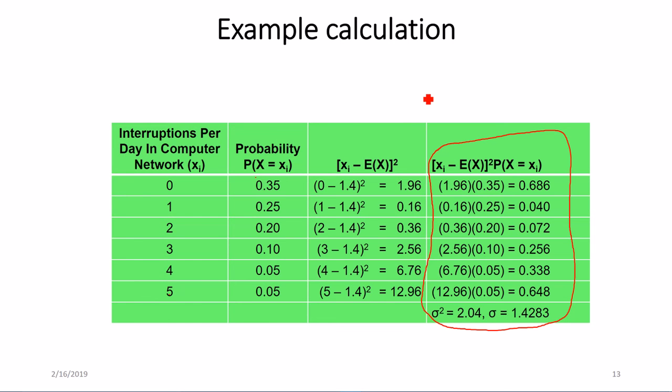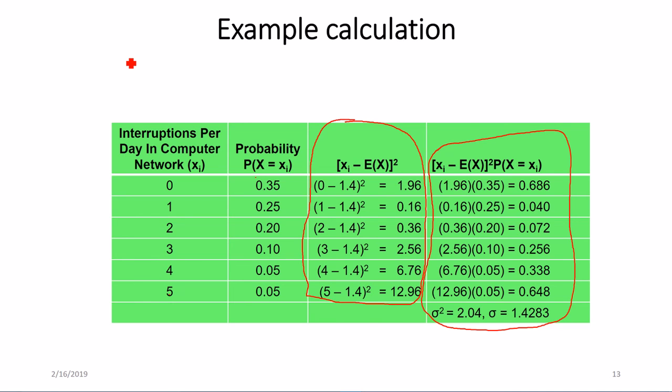Now let's take the same example from the previous slide and see how we can calculate the variance. Here we add new columns at the end. To make it easy to track the calculation, we also add a column for the difference squared.